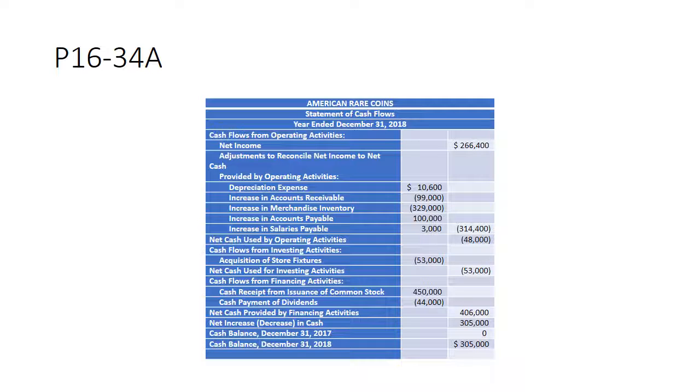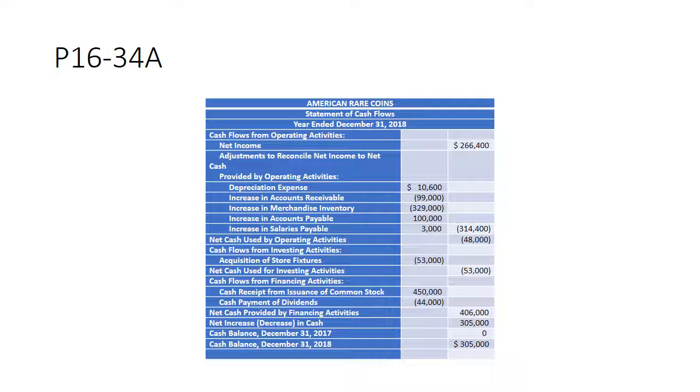Okay, so what we're doing here is using the current assets and current liabilities to account for items that have not occurred yet as far as cash goes, that are treated as subtractions or increases for net income purposes. So when we add the $10,600, subtract the $99,000, subtract the $329,000, add the $100,000, and add the $3,000, overall there's a net decrease of $314,400.